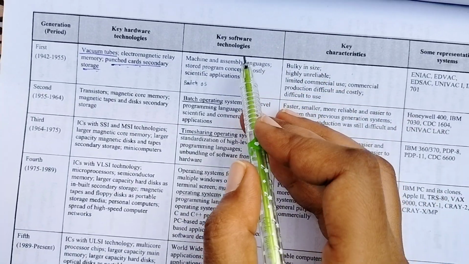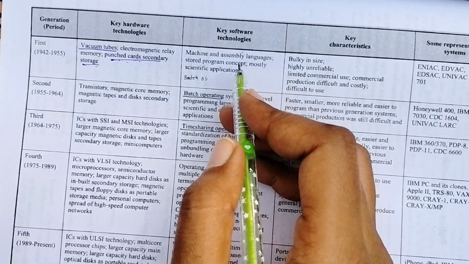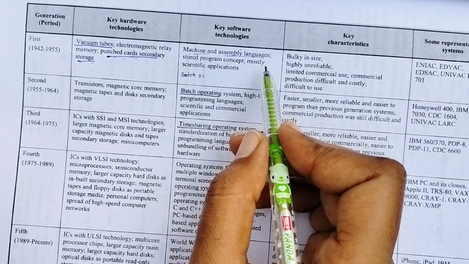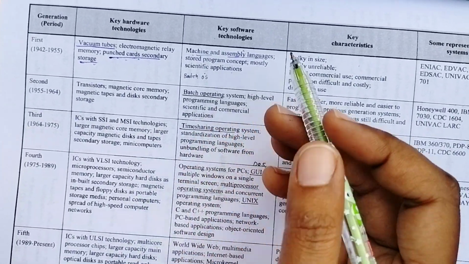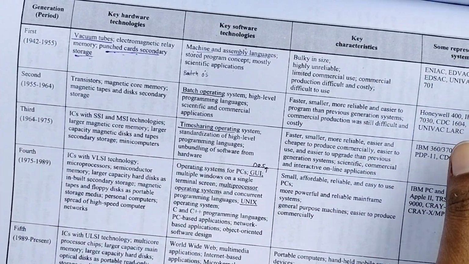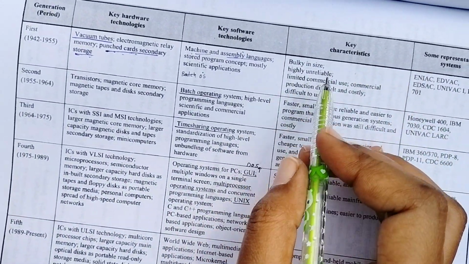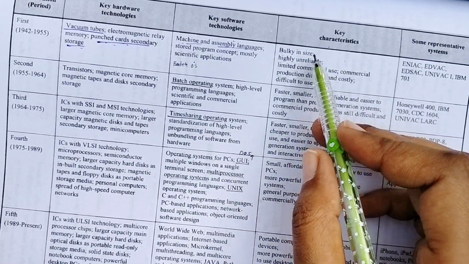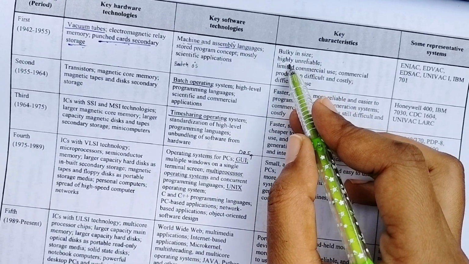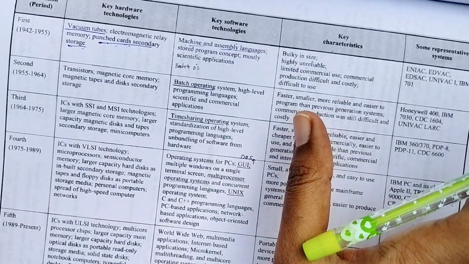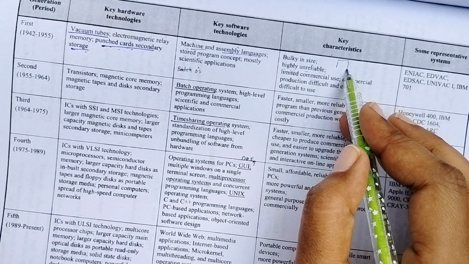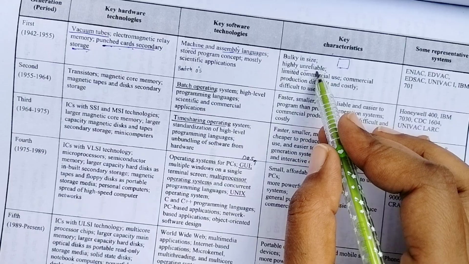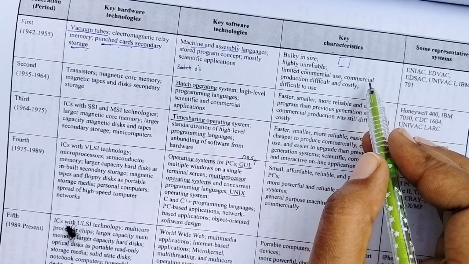Now, the software we used in the first generation is machine language, and it was used for all the computers in the first generation. Some key characteristics of the first generation: it is bulky in size, highly unreliable because it is too large, like a room, and has limited commercial use.